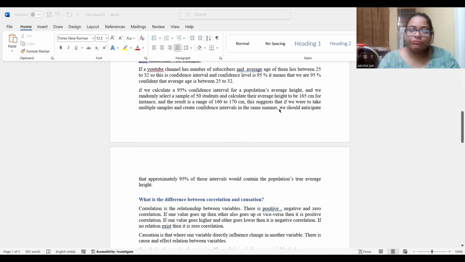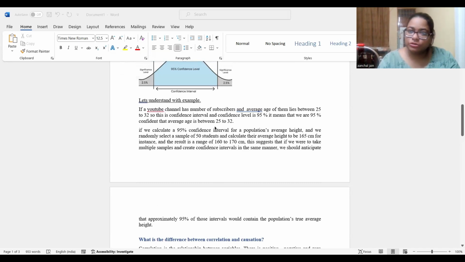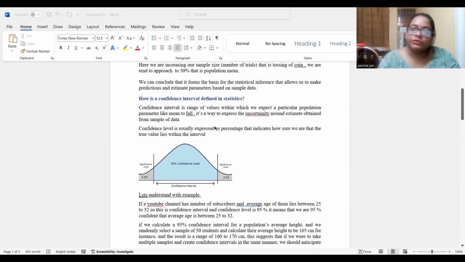This suggests that if we were to take multiple samples and get confidence interval in the same manner, we should anticipate that approximately 95% of those intervals would contain the population's true average height. Now, I think with the help of these two examples, we can clearly understand what is the confidence interval and what is the confidence level.